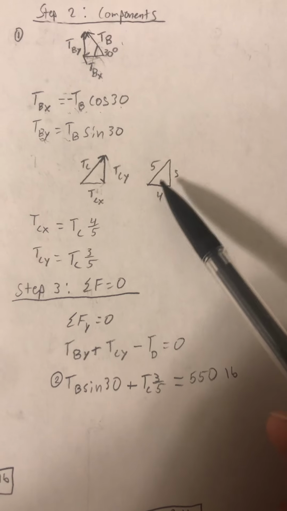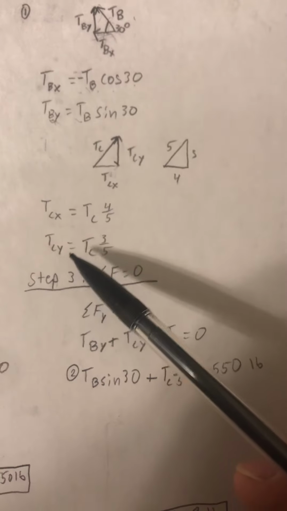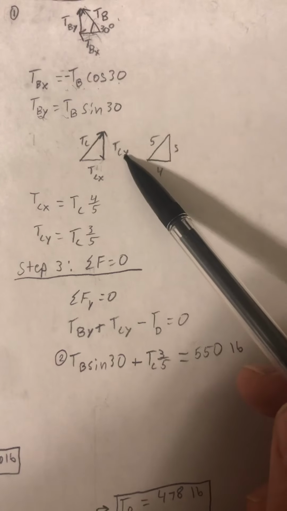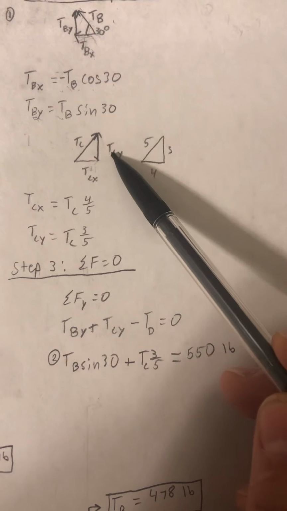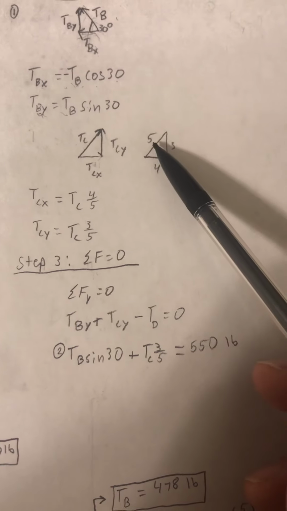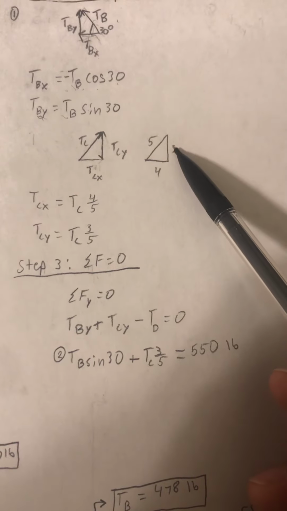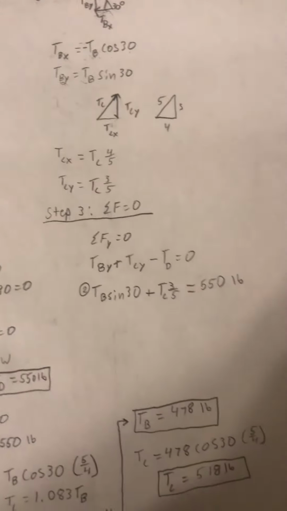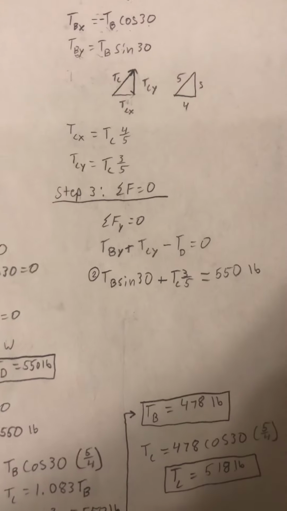TC in the Y direction is the same thing, except it's TCY over TC, and that would make it 3/5. So you have TC times 3/5 for your TCY component.